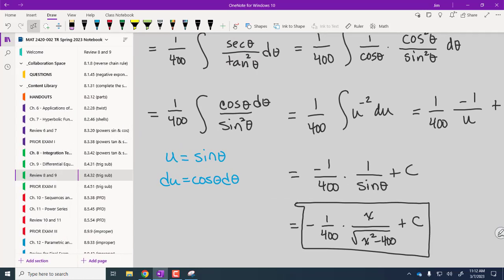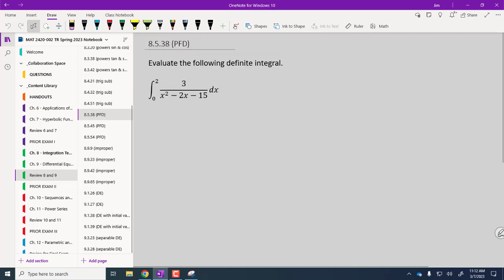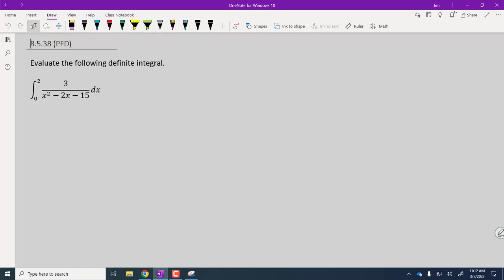Good. Let's do some PFD. How would we know to use PFD here? It's factorable. As soon as you can factor the denominator, PFD is a viable option.